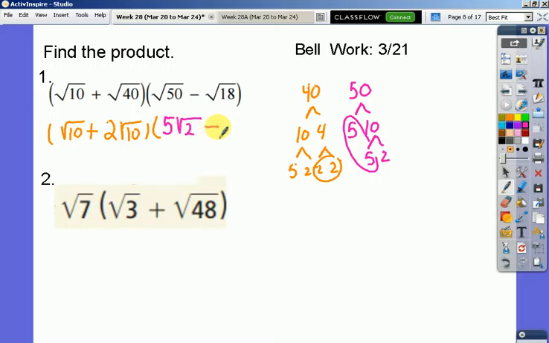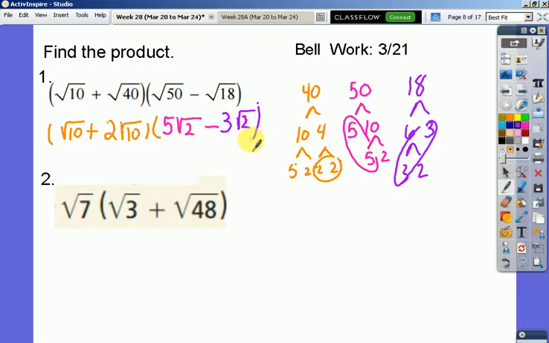Minus. Okay. Square root 18. 18 simplifies to be 6 and 3, 3 and 2. Take out a 3 with 2.